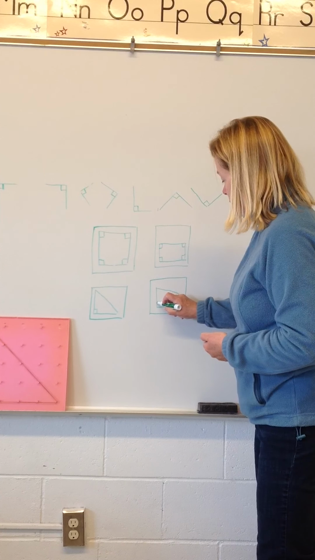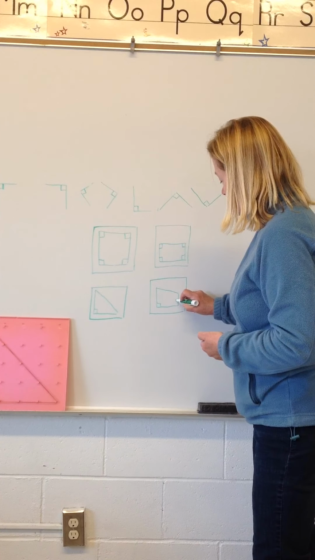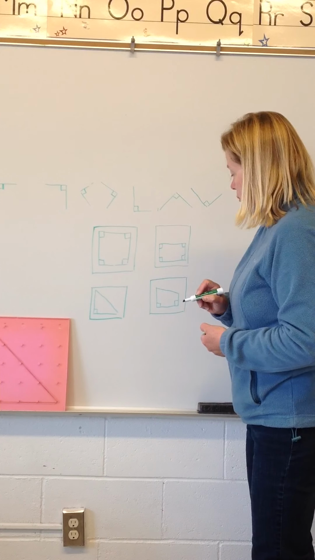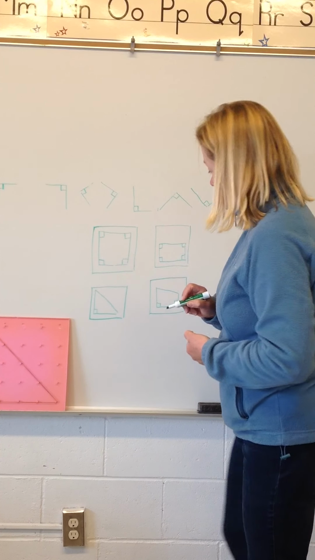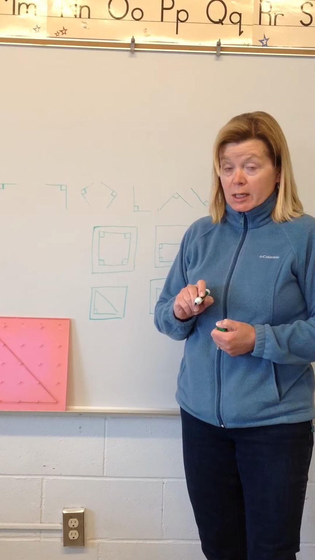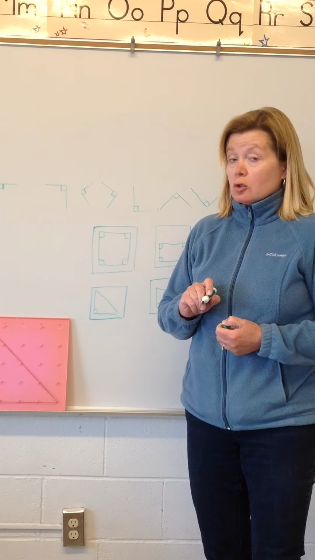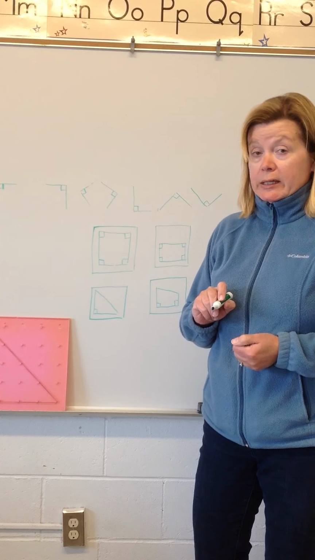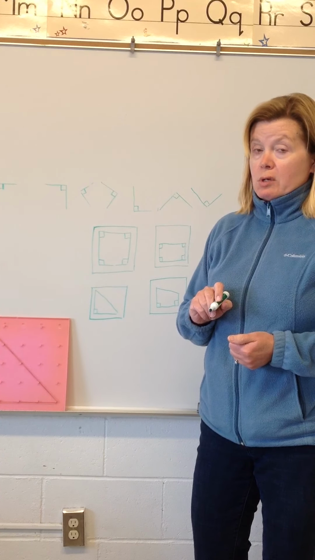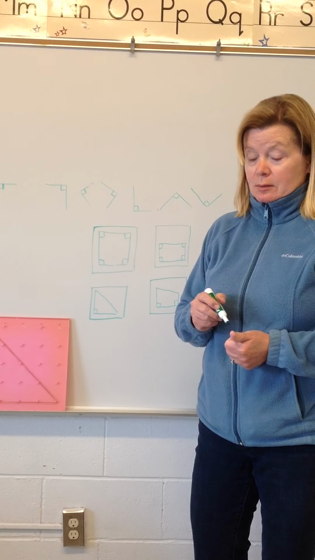It looks like I have two right angles in mine. If you're having a hard time thinking up your own shape, you can most certainly copy what I did, but I hope that you come up with something a little bit different.